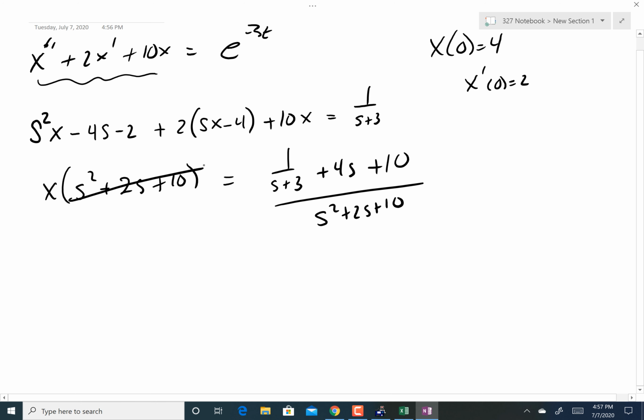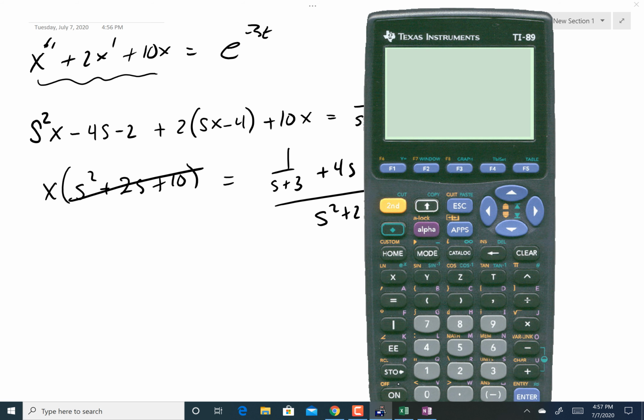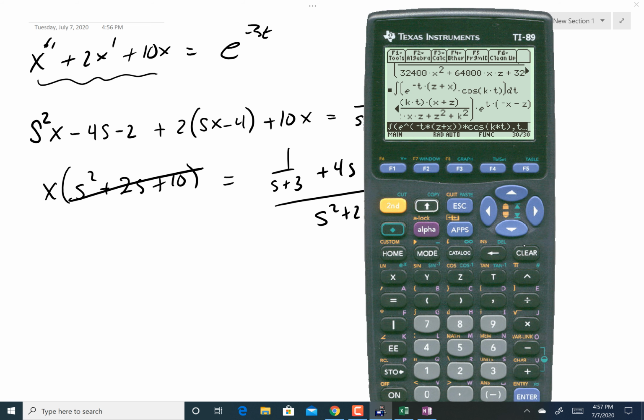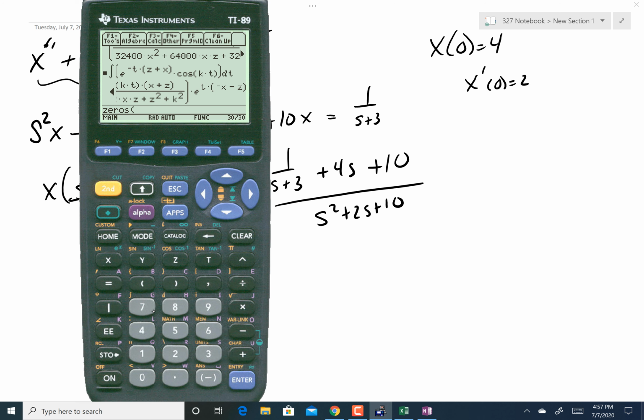Okay. And so what I'm going to do is simply expand. Now, when I do this, you're going to think, Jay, this is a mess. And you're going to be right when you say that. So, parentheses 1 divided by z plus 3, plus 4z, plus 10.